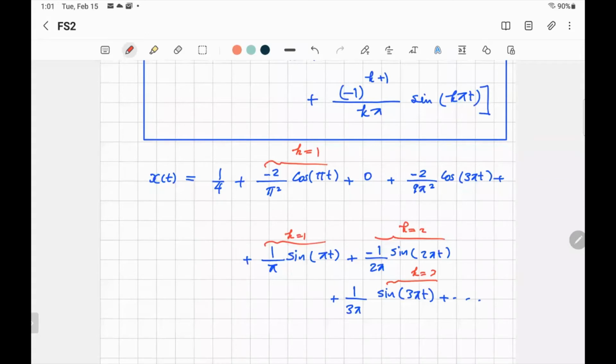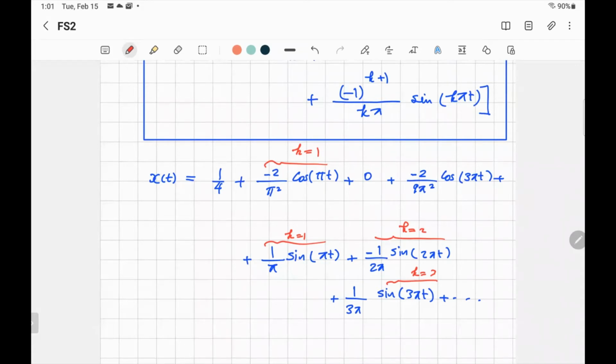In the lab next week, you will do the programming: you are going to have the signal, decompose it into the Fourier components, and then add them together. You'll find that if you go up to 20 terms and add them, you get something very close to the same signal. If you take few terms, it will be a little bit different. If you take 100 or 200, you'll find exactly the same.